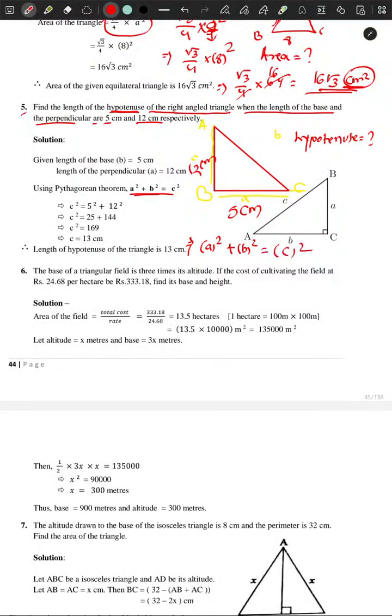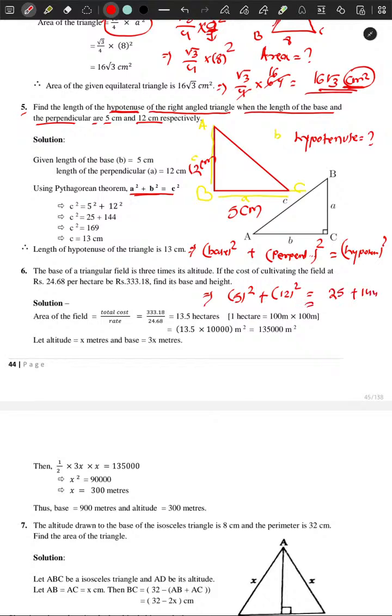So 5 square plus 12 square equals hypotenuse square. 25 plus 144 equals 169.